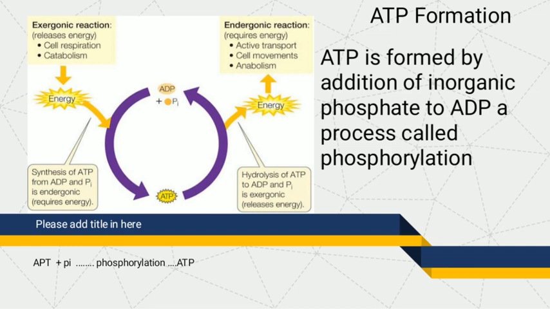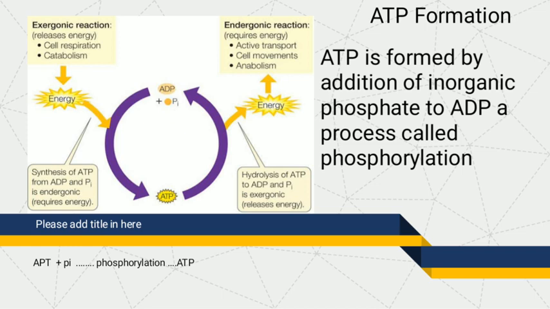When a phosphate group is added to ADP, adenosine diphosphate, or it can also be added to AMP, adenosine monophosphate, ATP is formed, and this process is known as what? Phosphorylation.